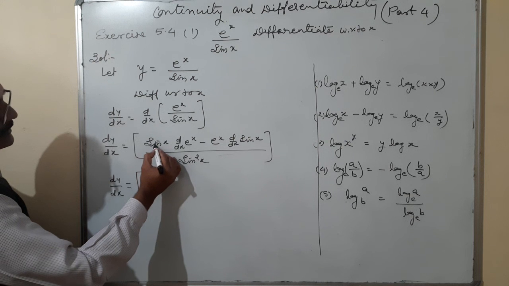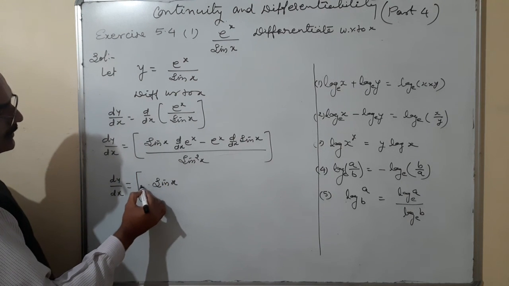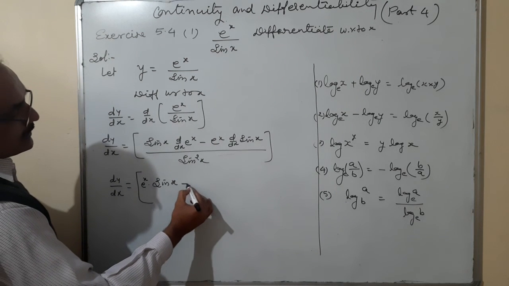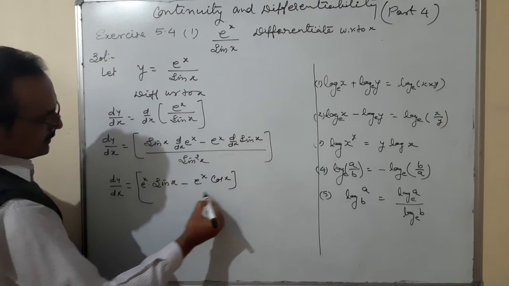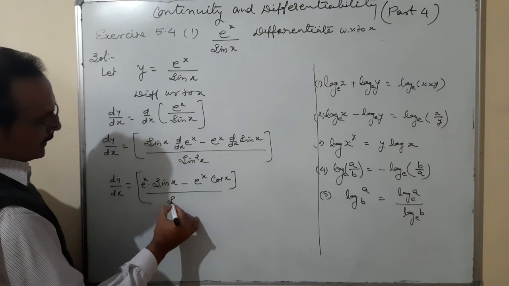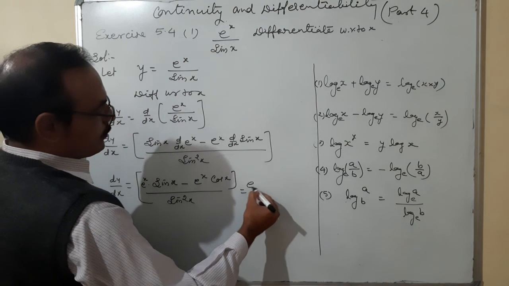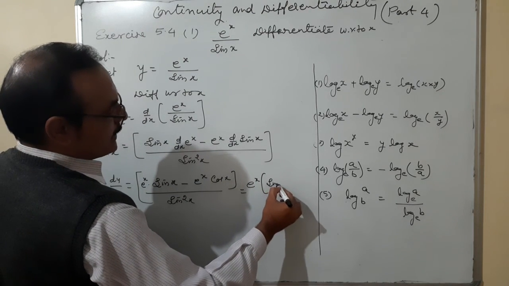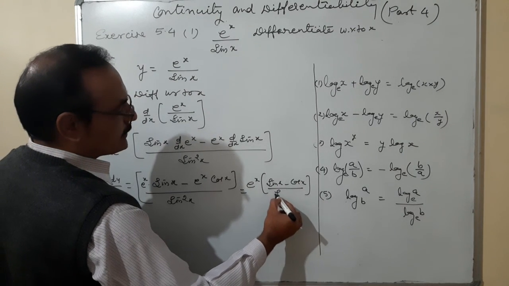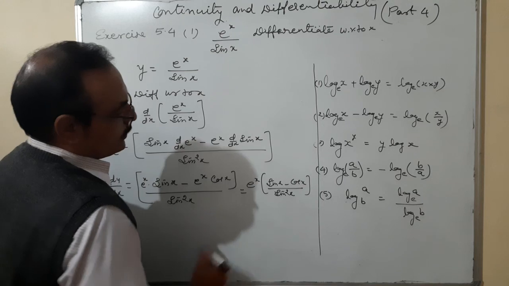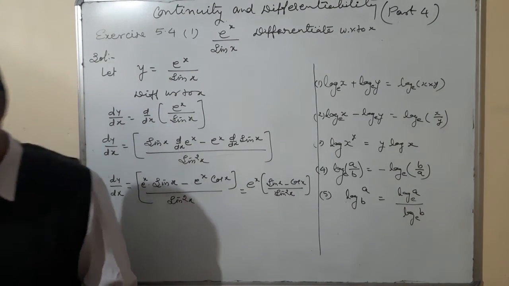So it is sin x times e to the power x, minus e to the power x times cos x, upon sin square x. Taking e to the power x common, it is e to the power x into sin x minus cos x, upon sin square x. This is the differentiation of e to the power x upon sin x.